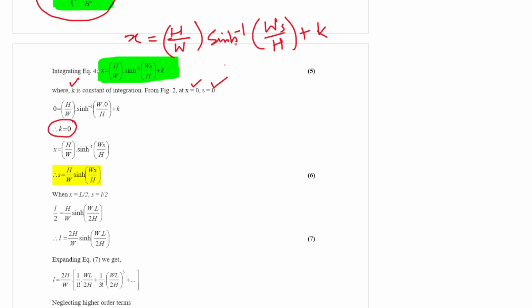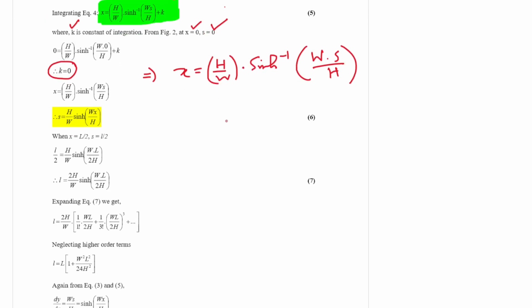So from there, this equation turns out to be x is equal to h by w sine hyperbolic inverse of w into s by h. So this is equation number 6.